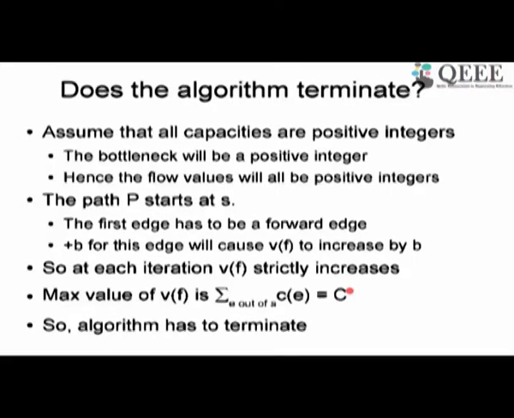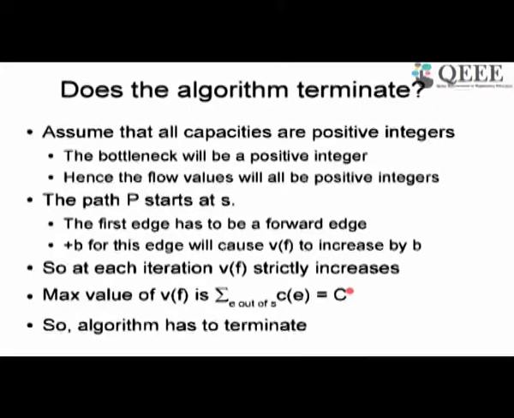Even though the total flow is bounded by capital C, and the flow at each step keeps on increasing by a positive number, you may still not terminate. It can go on forever. I still need something else to make sure that it terminates. What is that? Can anybody tell me the answer?